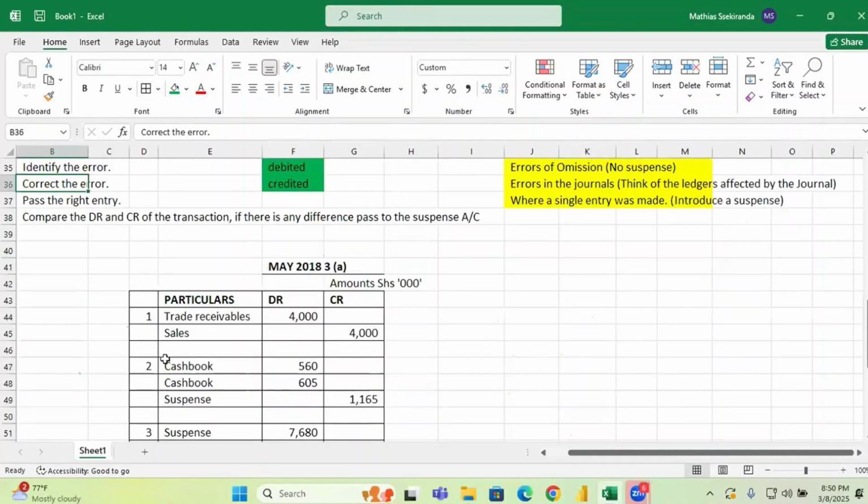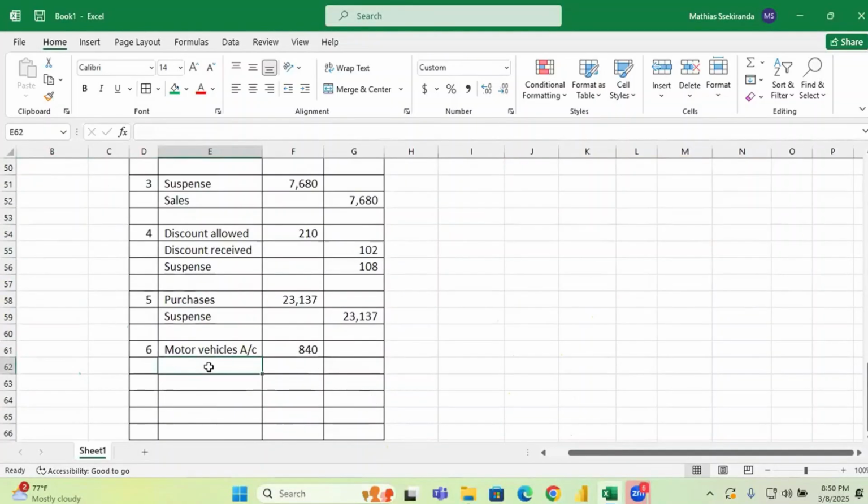Can we pass the right entry? What we are supposed to do in the right place is to debit repairs account, because repairs are expenses. Okay? We are supposed to debit repairs. So we have corrected the error by reversing the other credit that had been posted in the motor vehicles account. We have debited the motor vehicles to reverse that credit.